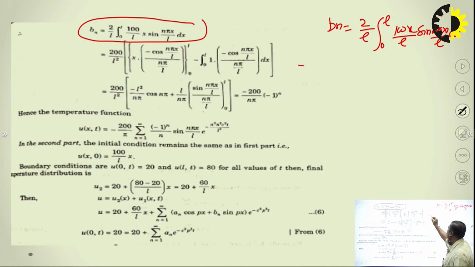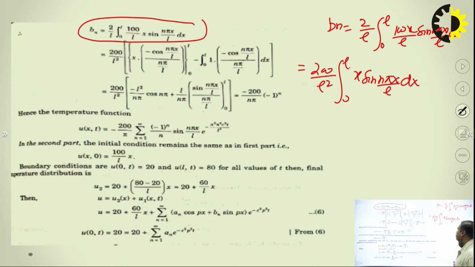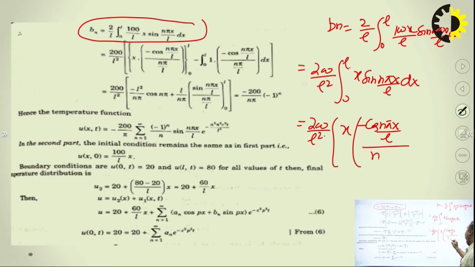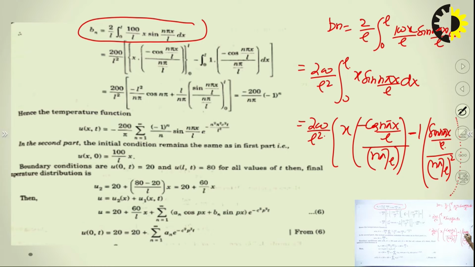Constant is taken as outside, constant को बाहर ले आएंगे, 200 अपॉन L स्क्वायर बाहर आ जाएगा, इंटीग्रल जाएगा 0 टू L x sin(n pi x upon L) into dx, integration by parts, and that becomes 200 upon L square as it is, x as it is, sin n pi x का इंटीग्रल हो जाएगा माइनस का cos(n pi x upon L) divided by n pi by L, minus x having the differential 1 and having the integral, and that becomes sin(n pi x upon L) divided by (n pi by L) whole square with minus sign.